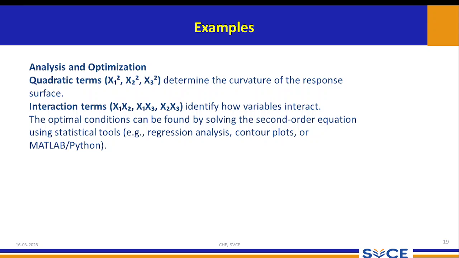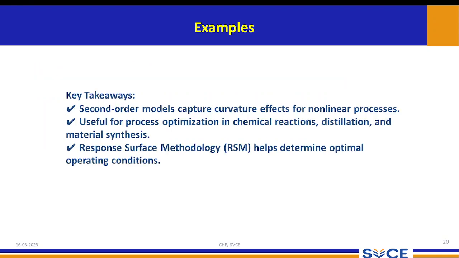In RSM, we will get a contour plot as well as a 3-dimensional surface plot. It shows the effect of the variables in 3 dimensions, two variables at a time and their effect on the third variable. These are the ways people optimize the process.